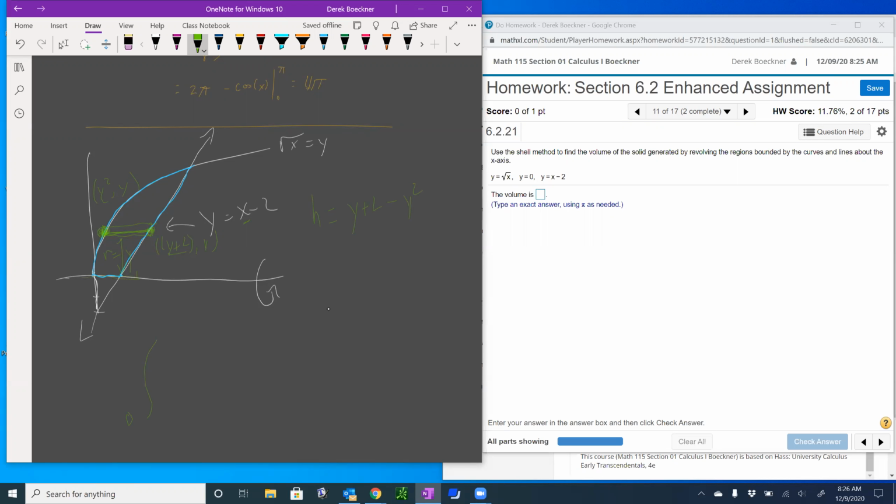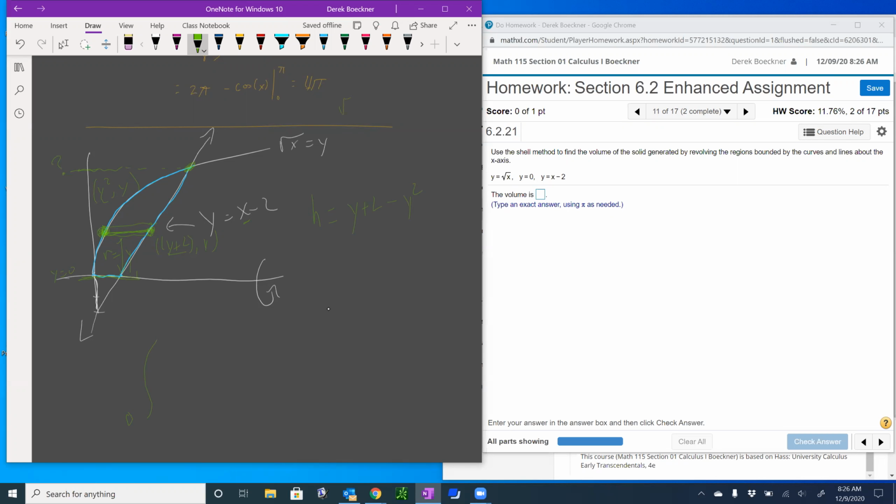where we're going to start here at 0. And I need to figure out where this ends. To do that, I need to figure out what this point is. So I'm going to set these two equations equal.